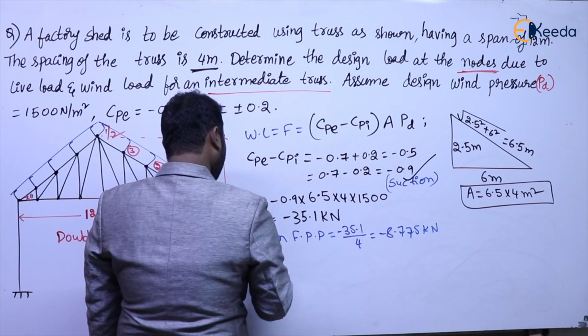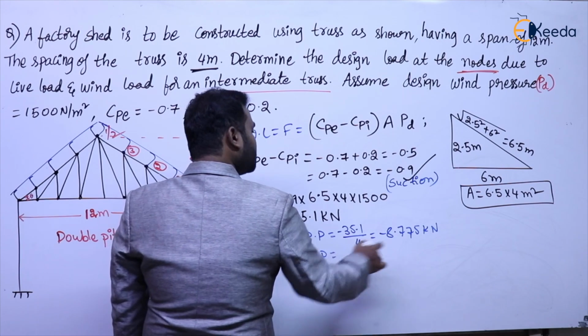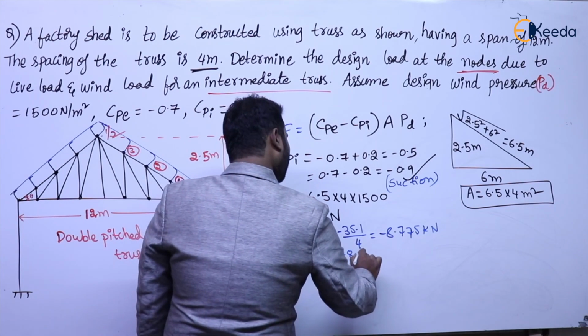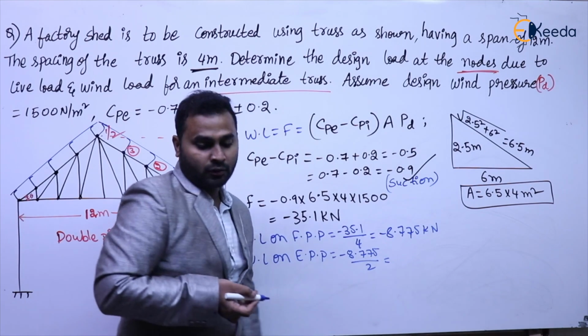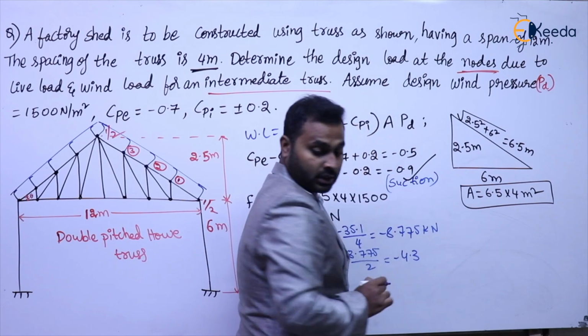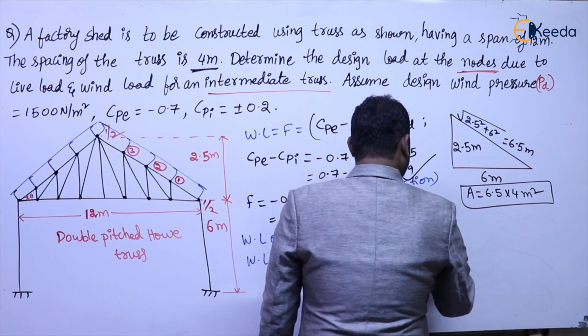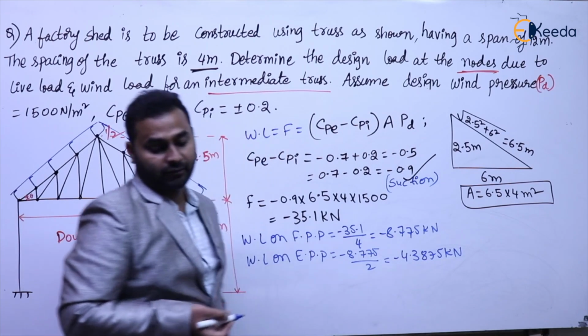Now, wind load on end panel point is half of 8.775, that is 8.775 by 2. How much is it? Minus 4.3875. Is that okay?